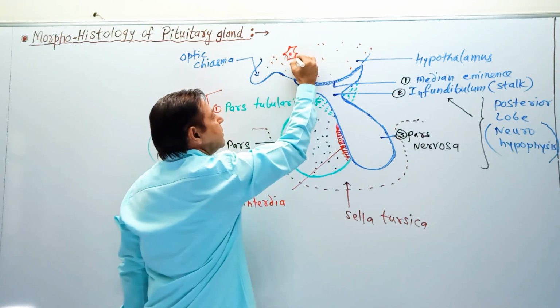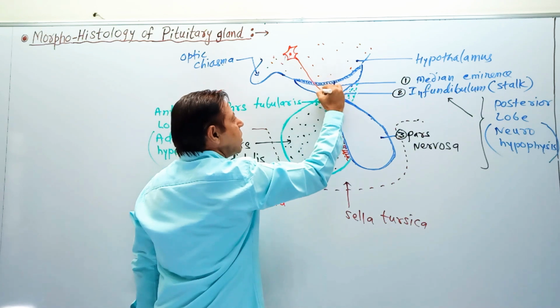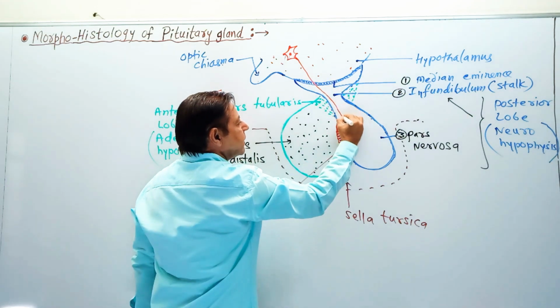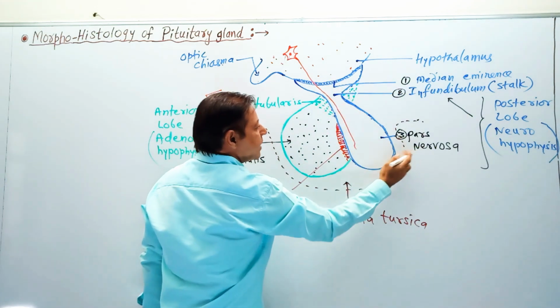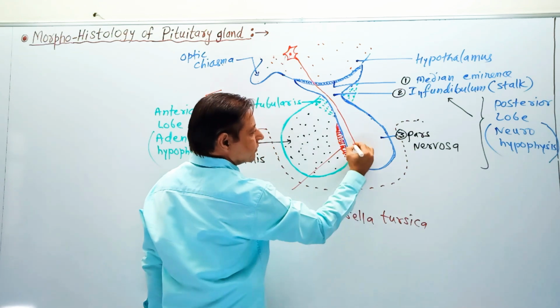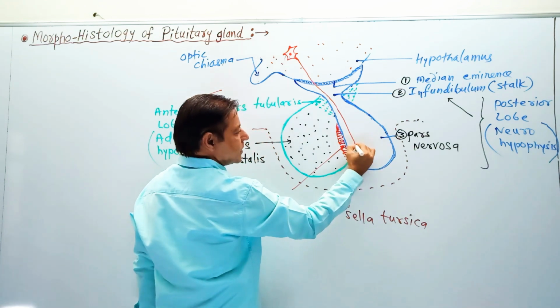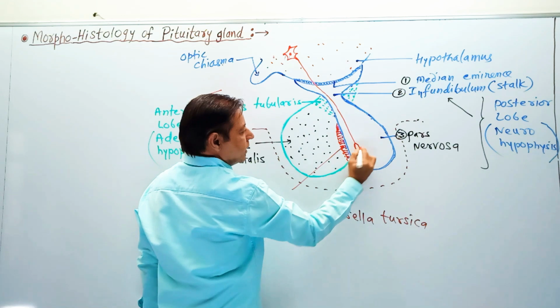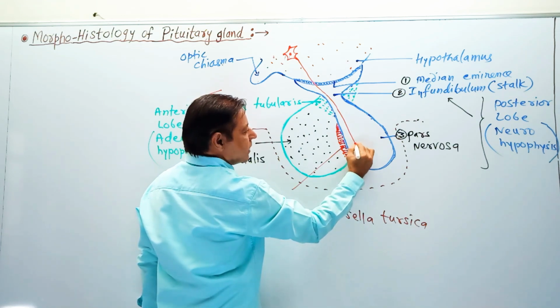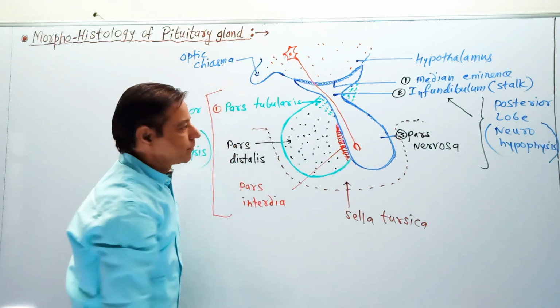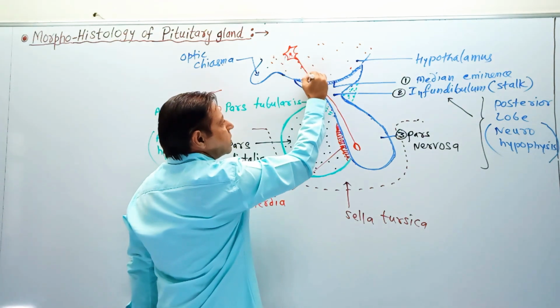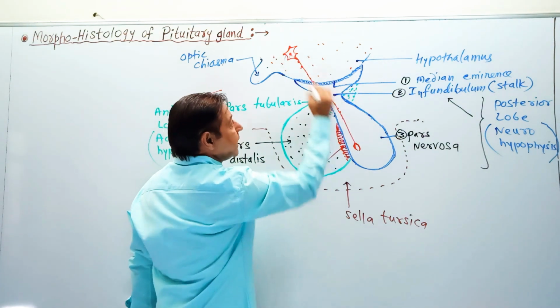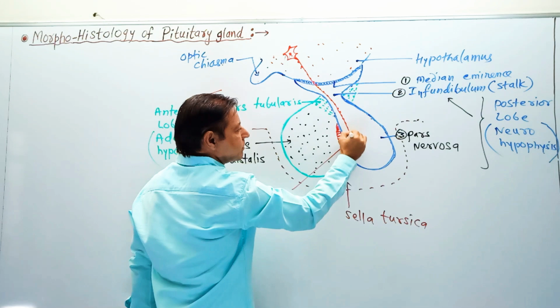This is the cyton, then its axon extends up to the pars nervosa of the neurohypophysis, and the axonic ends are dilated, which store the hormone secreted by the neurosecretory cells.